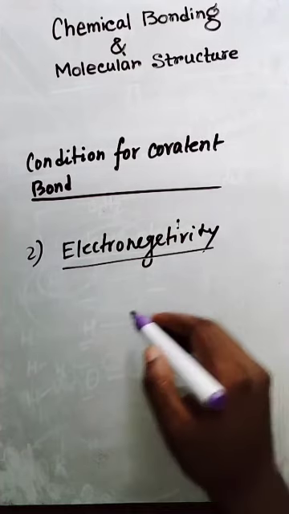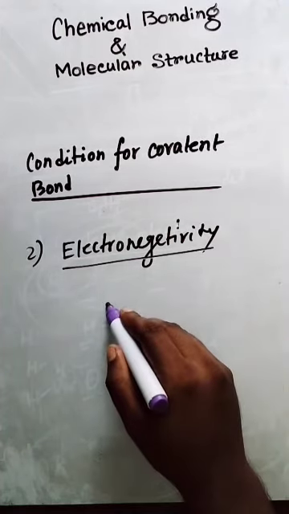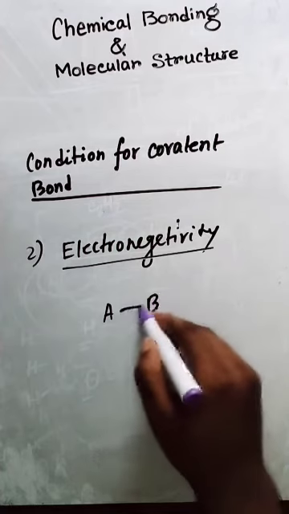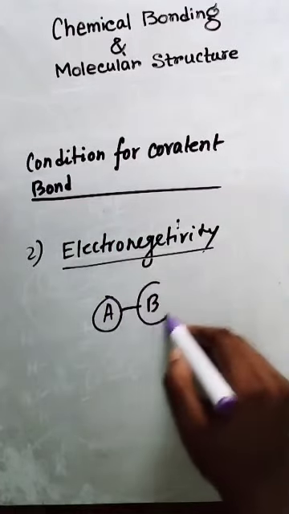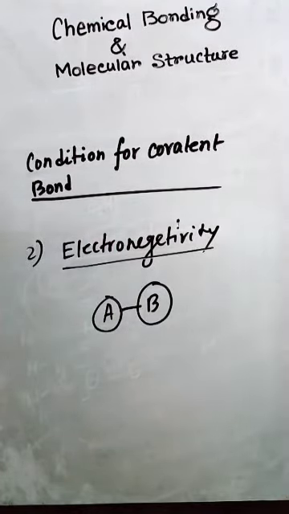For covalent bond, if we consider A and B, then the electronegativity difference between these two elements is very small, or very similar, like two identical atoms. So in covalent bonds, the two atoms have a very small difference in electronegativity. So this is the second important point.